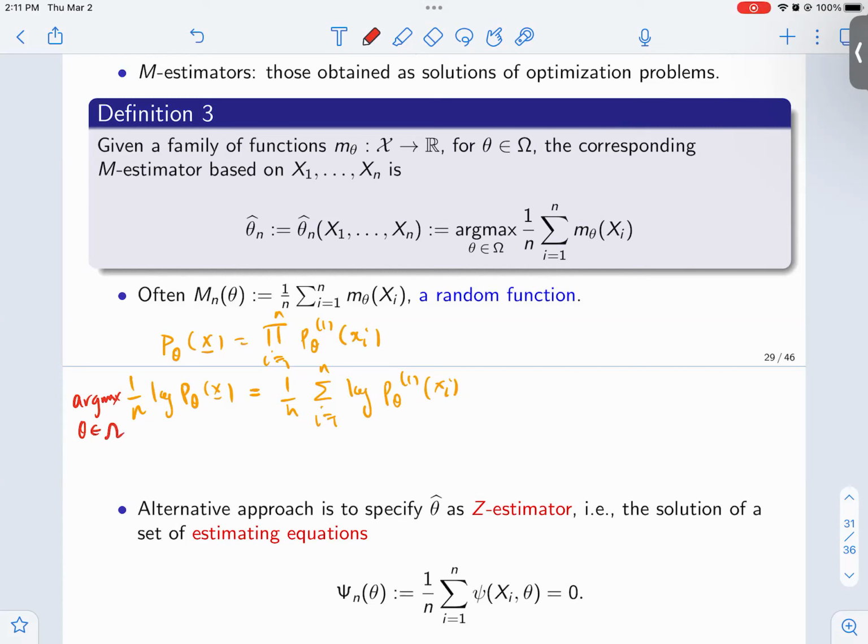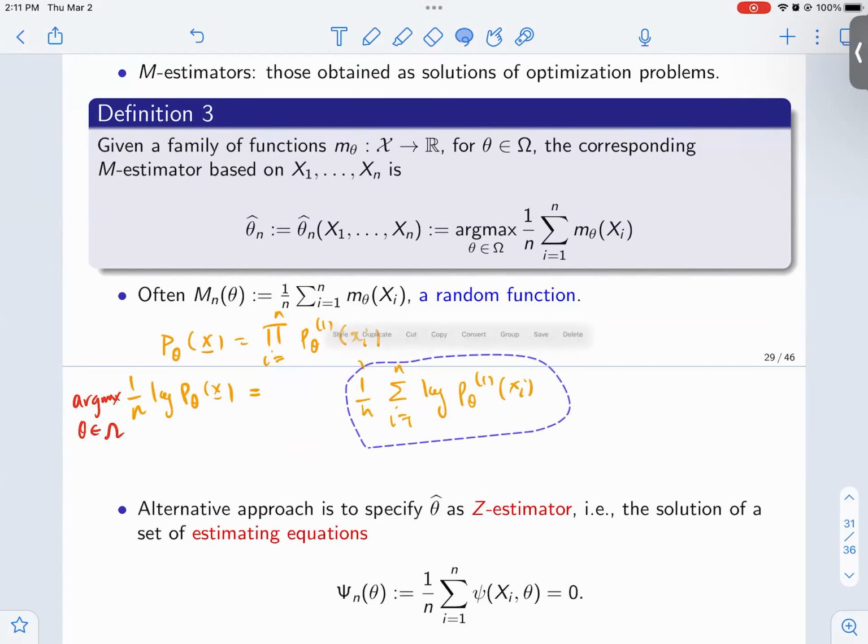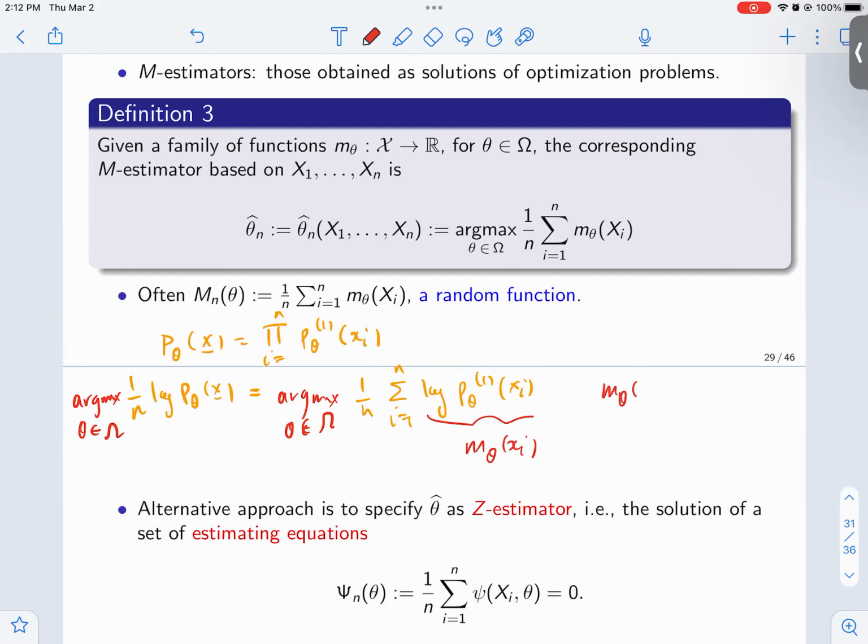So if I put an argmax here, you see that we have our MLE. And so you can identify this as m theta of x_i. In this case, this family m theta of x is defined by the log of p theta, the log likelihood of a single sample. The MLE is an instance of this, but the blueprint is fairly general.